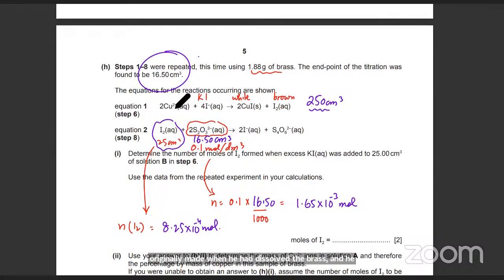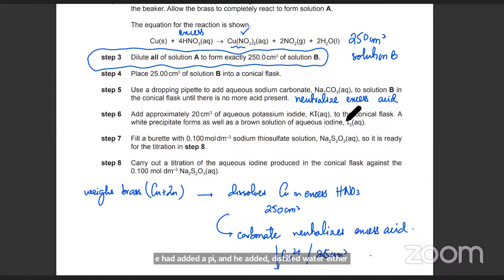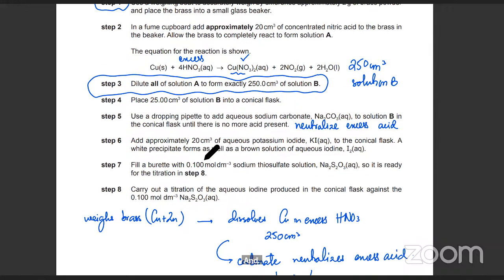It was step number 6. Like if I go back to step number 6, when he was dissolving it in KI, a white precipitate and a brown solution was formed. Which step? Step number 6.